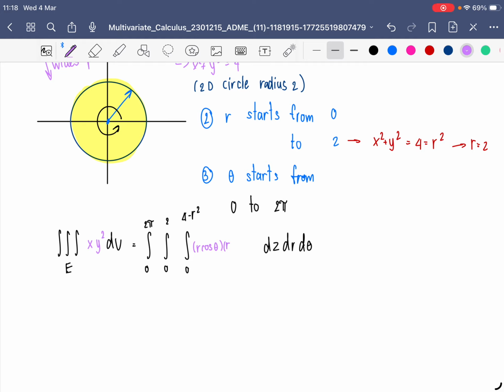You're going to have to add the extra r. The rest is about calculation.